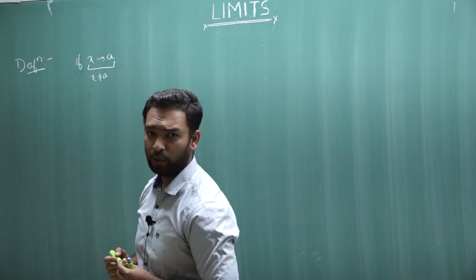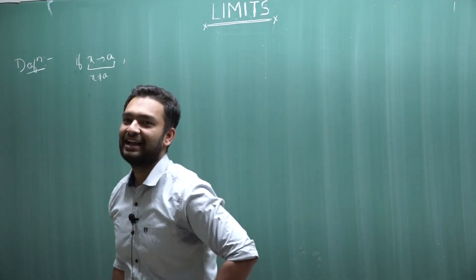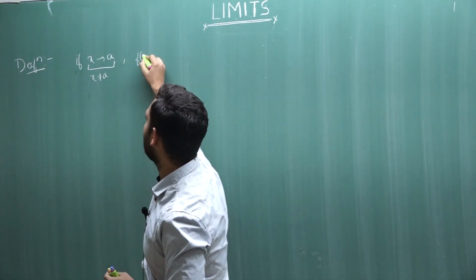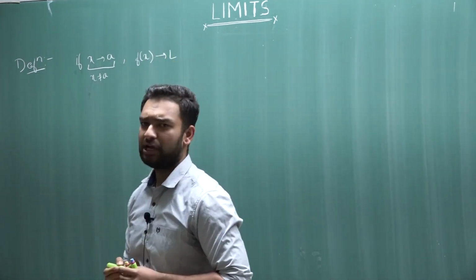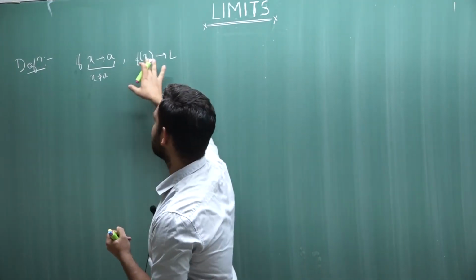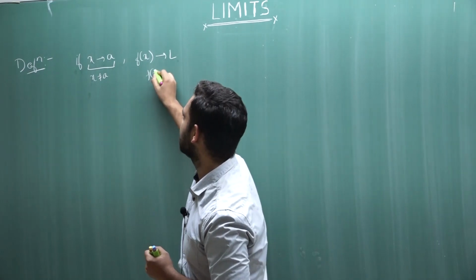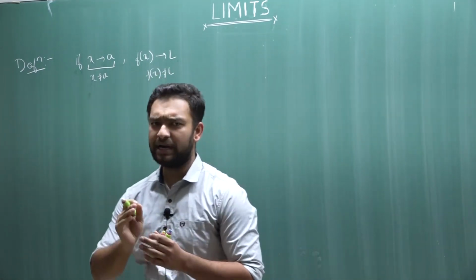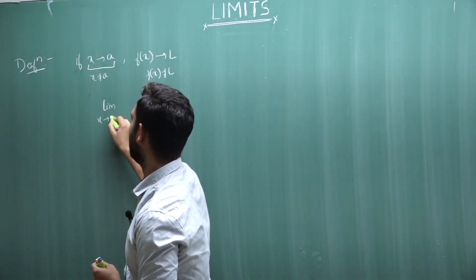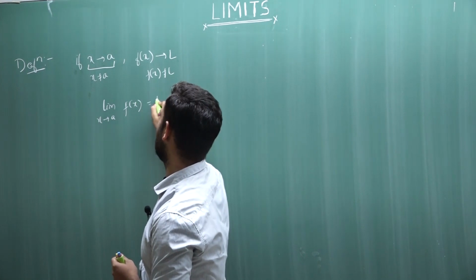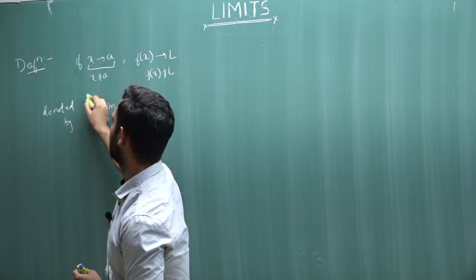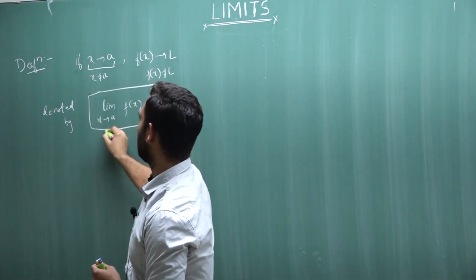So if your x is tending to a and a function f of x, let's say when x is tending to a, f of x tends to a value L. For your x tending to a, not exactly a, f of x is tending to L. Here also f of x is not exactly L but it is tending to L. So what we do is we write limit x tending to a, f of x is equal to L. So limit is denoted by limit x tending to a, f of x.